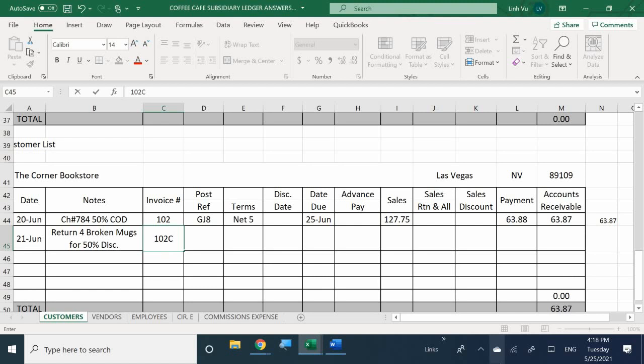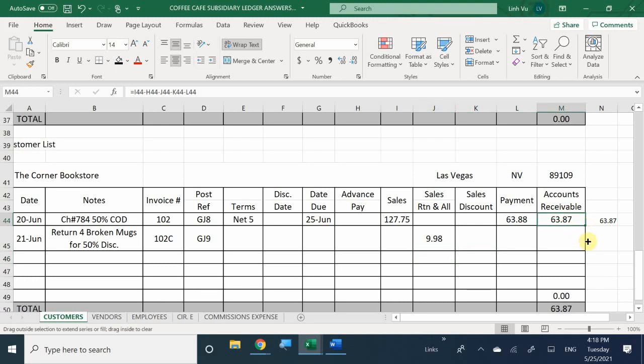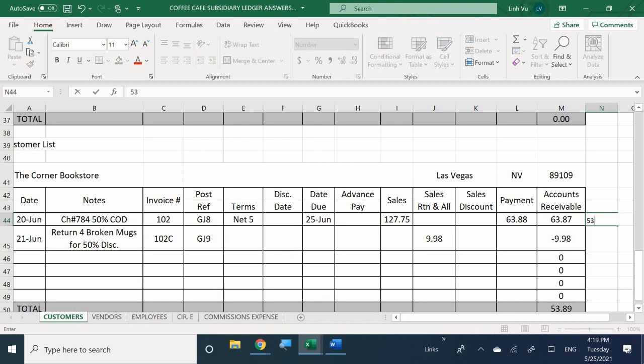Invoice number 102C. General Journal 9. Good. Sales return and allowance 998. Good. And once again, if you applied this formula going all the way down, it says that he owes us now 53.89. Okay.